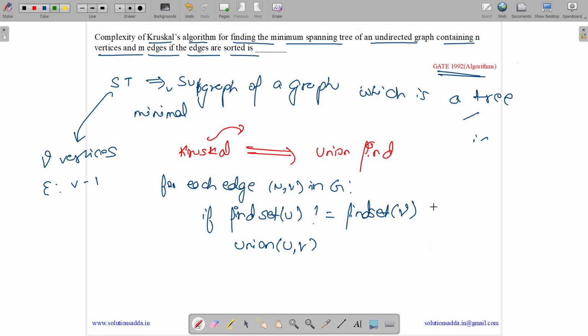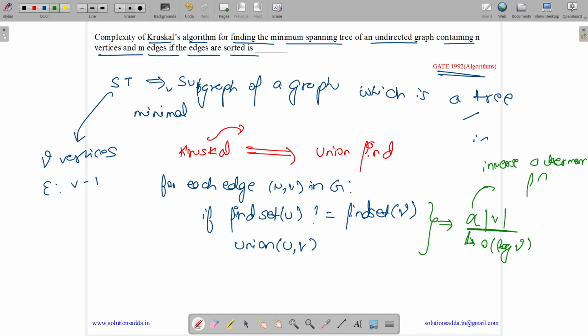What's the complexity of this? The complexity equals alpha into number of vertices. This alpha is called the inverse Ackermann function, and it's approximately order of log of the number of vertices. For each edge we are doing this.